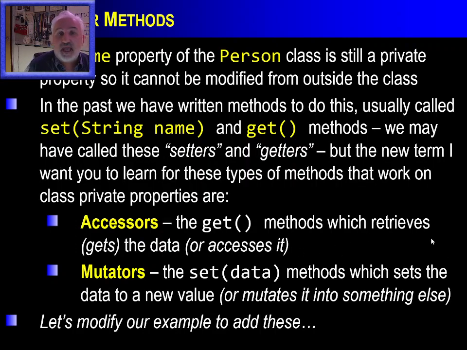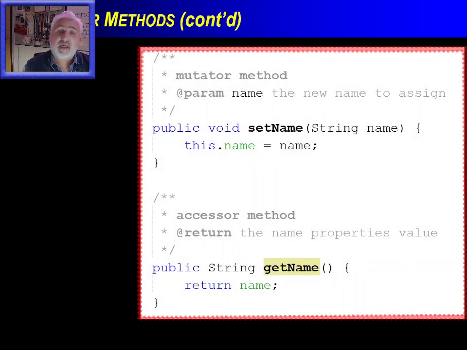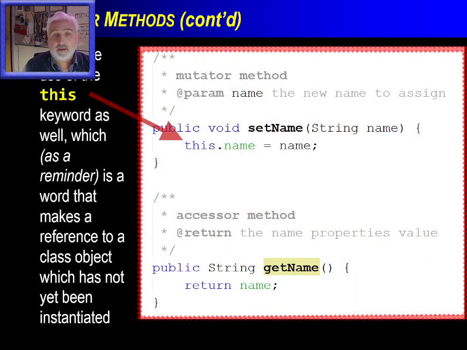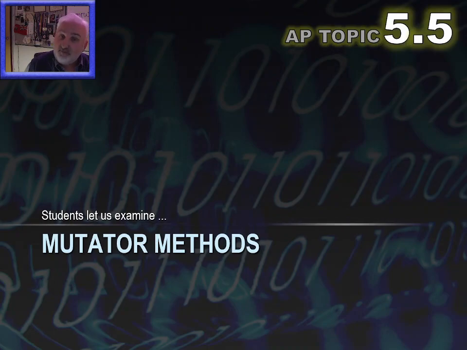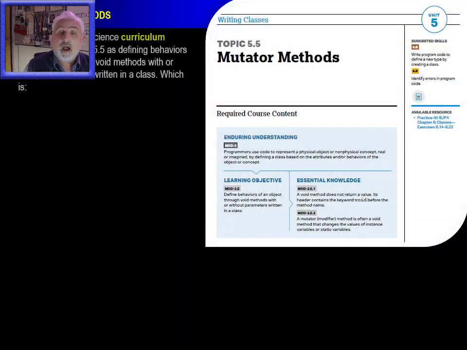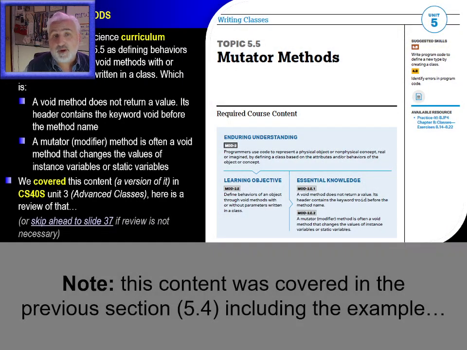You can also see that in that 40S example, where the get methods are called, along with the set methods, which we're going to cover in a minute in this AP review. Okay, so an accessor method essentially gives you access to a property that is usually a private encapsulated property. Very much related to this, AP topic 5.5, the mutator method, I also review at the same time in the 40S content.